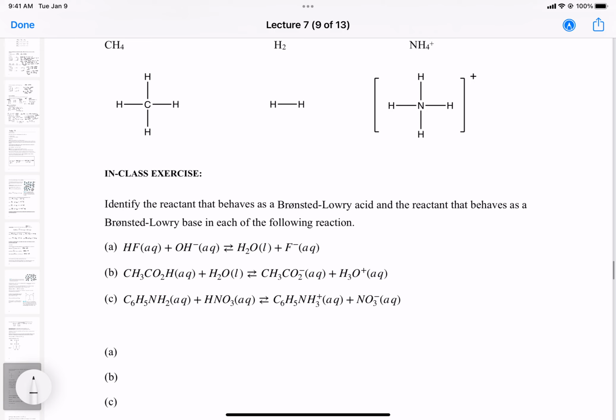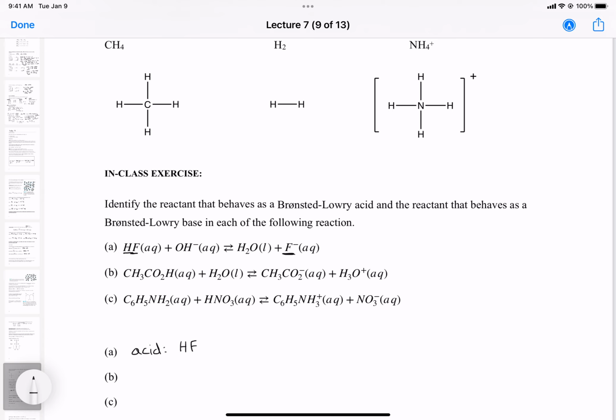Okay, so let's identify which reactant is the Brønsted-Lowry acid and which one is the base in the following reaction. If we look at reaction A, we see here that HF is donating its hydrogen in this reaction. So we say the acid is HF, hydrofluoric acid.